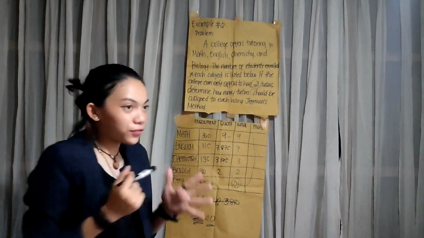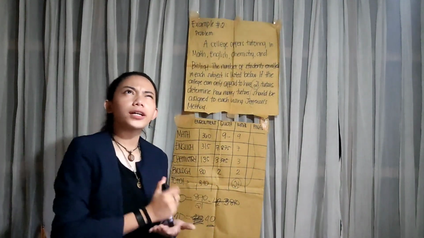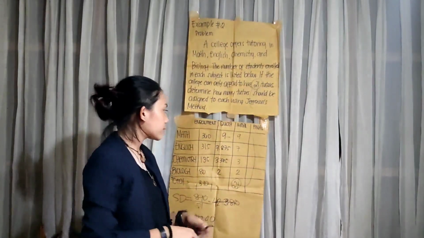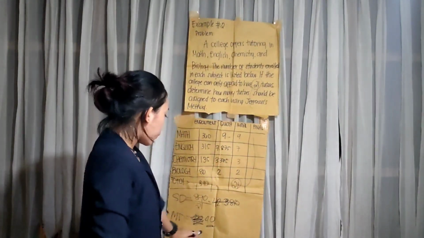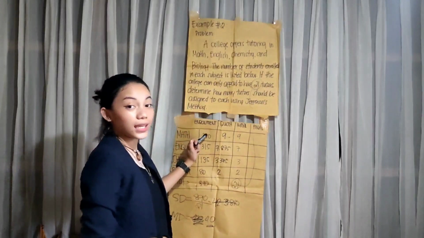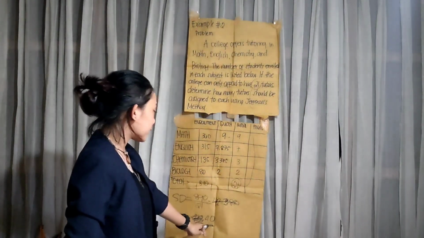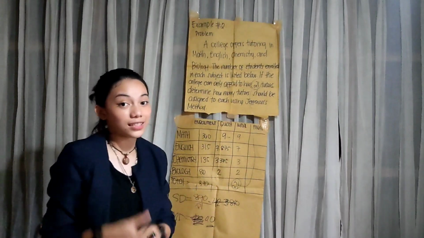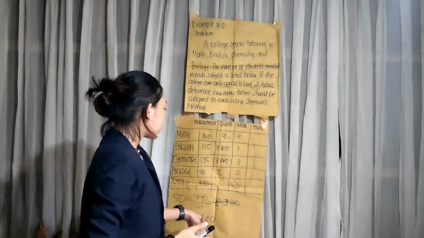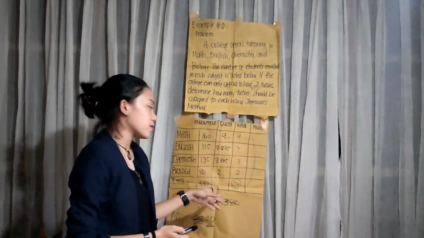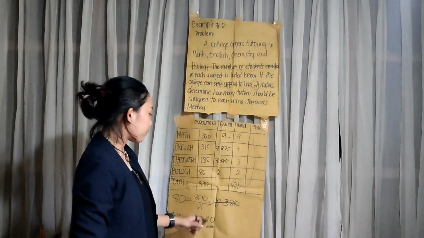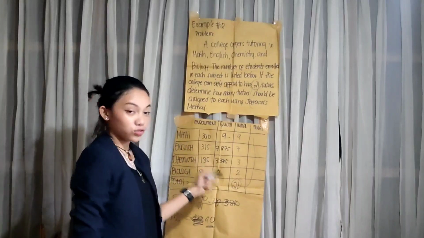My first number that came to mind is 40. So 360 divided by 40 is 9. 315 divided by 40 is 7.875. 135 divided by 40 is 3.375. And 80 divided by 40 is 2.